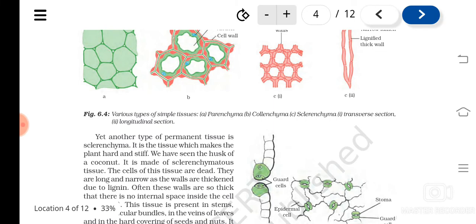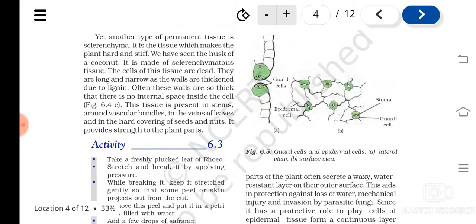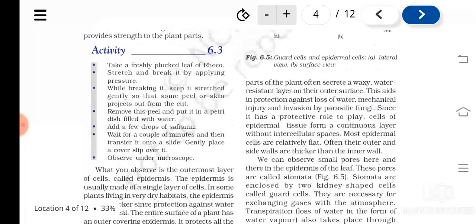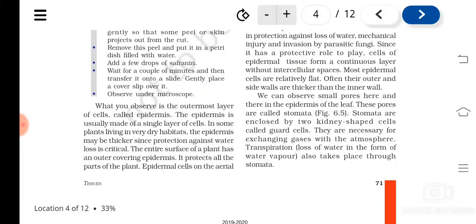So when you see the epidermal tissue system, epidermis is made up of a single layer of cells in many of the plants. It's only in those plants which have xerophytic adaptations that you can see them in many layers. Understood? Then there are certain pores, especially in the leaves.